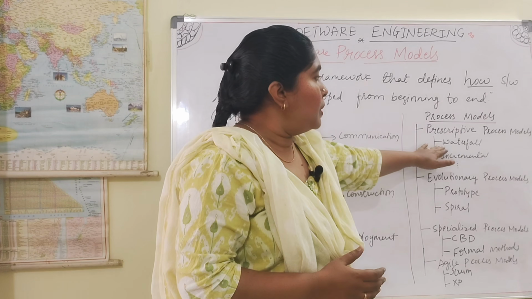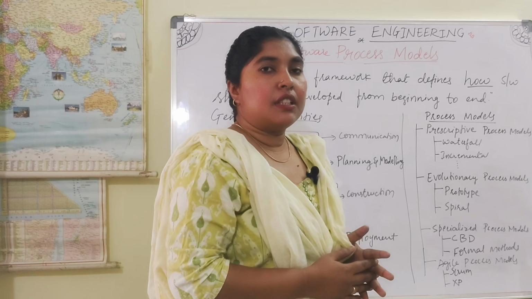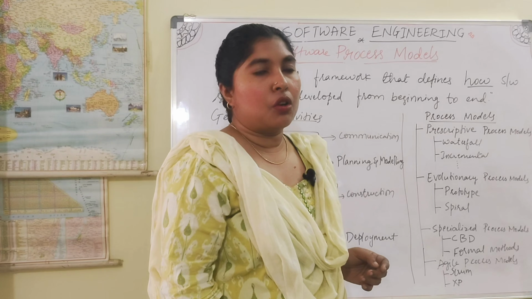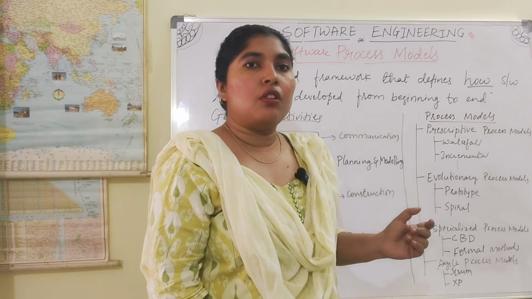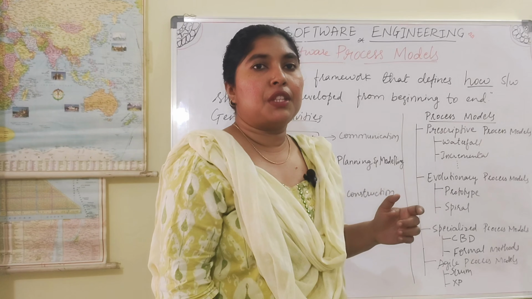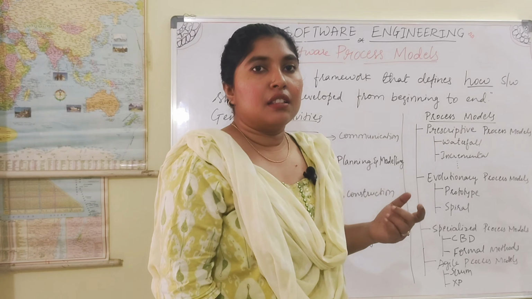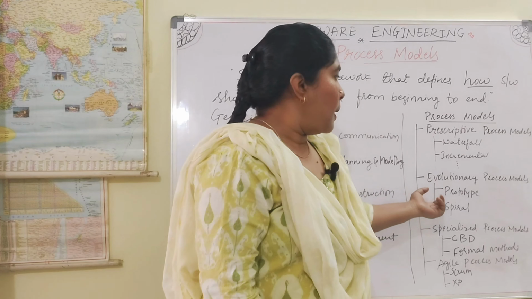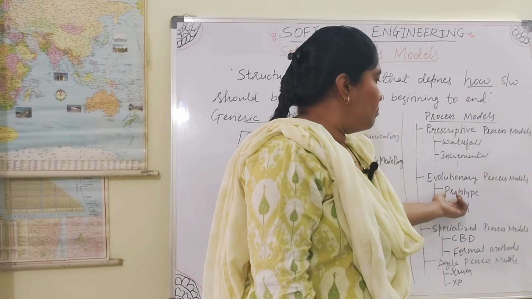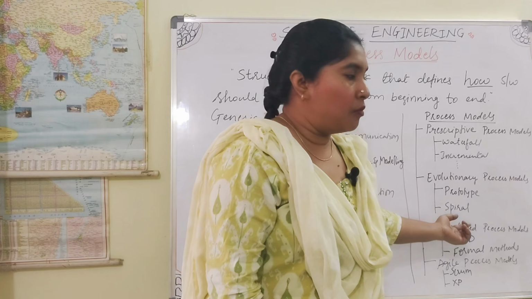Examples are the waterfall model, incremental model or V model. Next, in the evolutionary model, the software evolves through a set of repetitive iterations and increments, and finally you get the actual software. Examples are the prototype model and the spiral model.